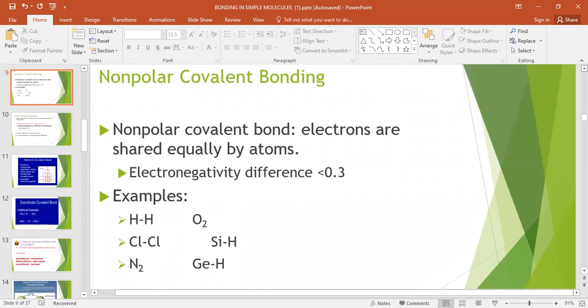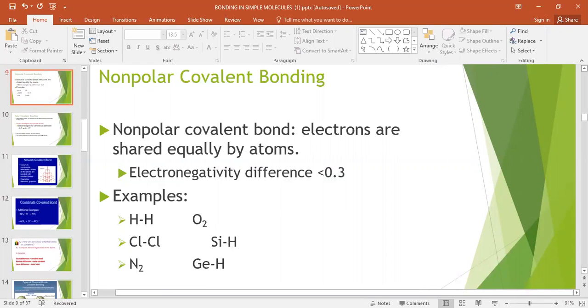The electronegativity of one hydrogen is 2.2, another hydrogen is 2.2. So 2.2 minus 2.2, what is your answer? 0. It is less than 0.3 or greater? Less than 0.3, it means which type of bonding? Non-polar. So this is the third difference.